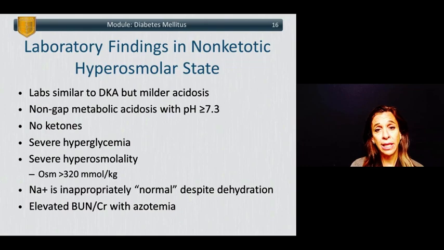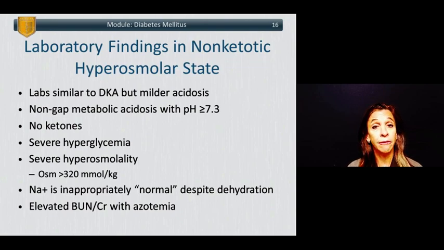The laboratory findings in nonketotic hyperosmolar states are similar to DKA, but there is typically a much milder metabolic acidosis. They have a non-gap metabolic acidosis with a pH that's usually 7.3 or above. There are no ketones present in a nonketotic hyperosmolar state, hint, hint.